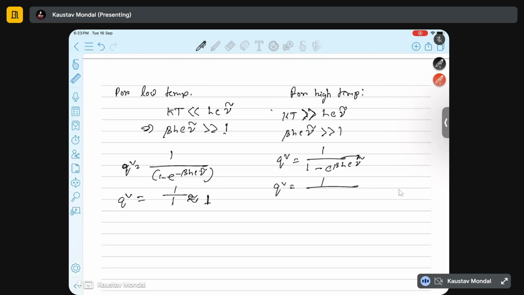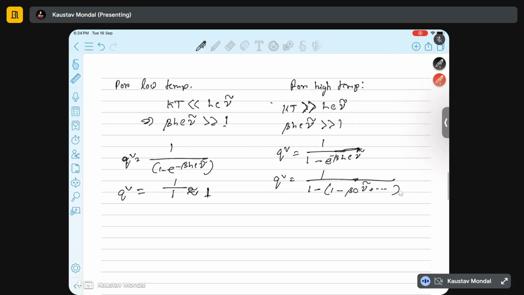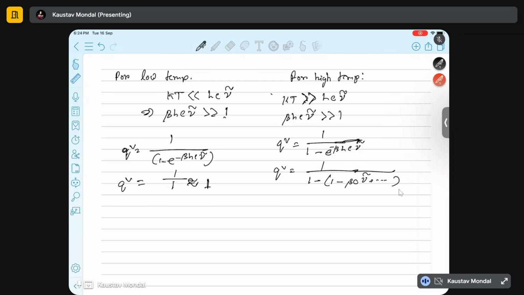If you expand this exponential term as a summation, we can take up to first order and ignore the higher order terms, because beta into hc nu tilde is much smaller than 1. In that case, QV would simply become 1 by beta hc nu tilde, or kT by hc nu tilde.